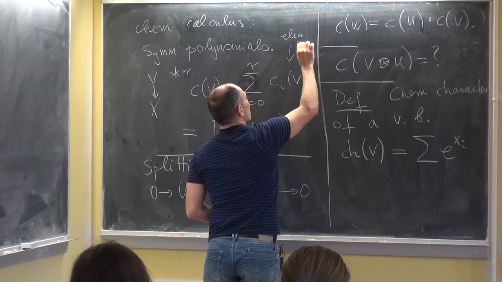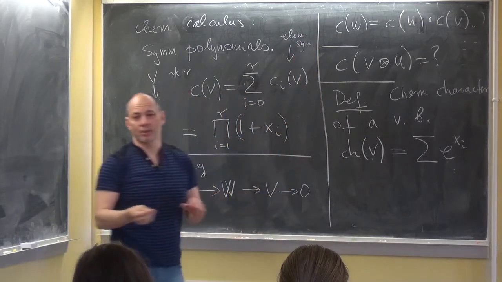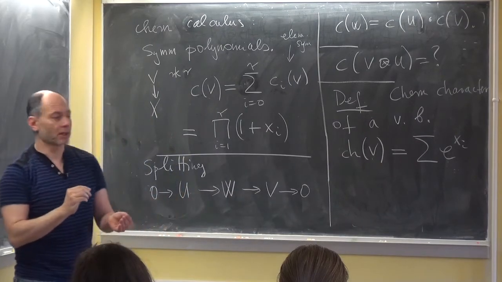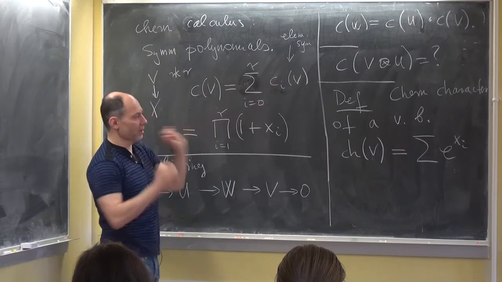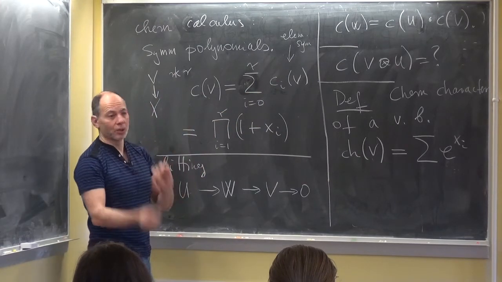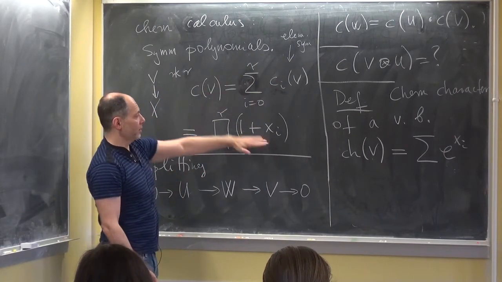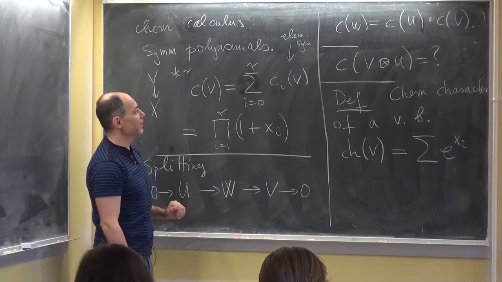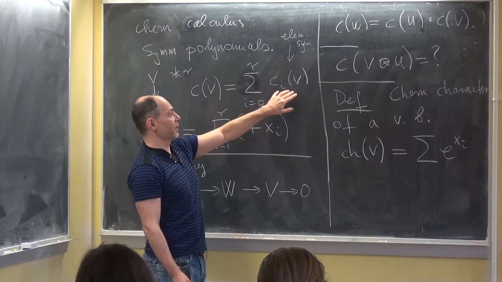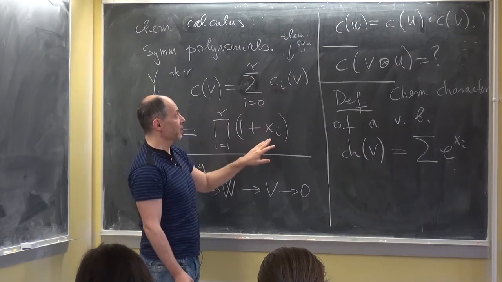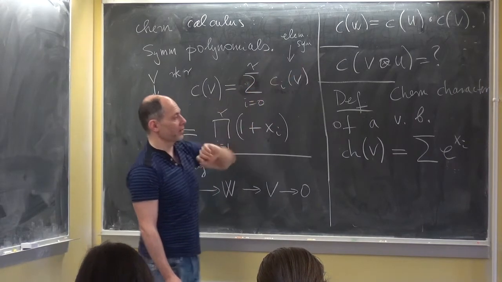So as I said, there is a dictionary between symmetric polynomials and characteristic classes, or generalized Chern classes, in one-to-one correspondence. For each symmetric polynomial, there is a generalized Chern class. So our usual Chern classes c_i correspond to the ith elementary symmetric polynomials.